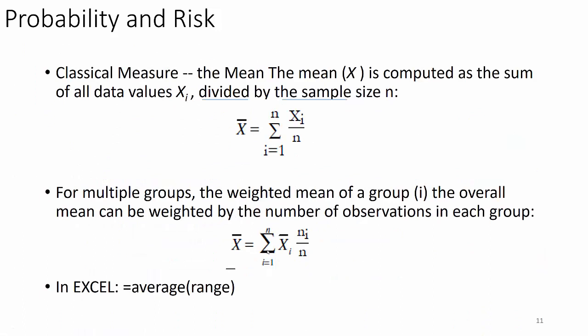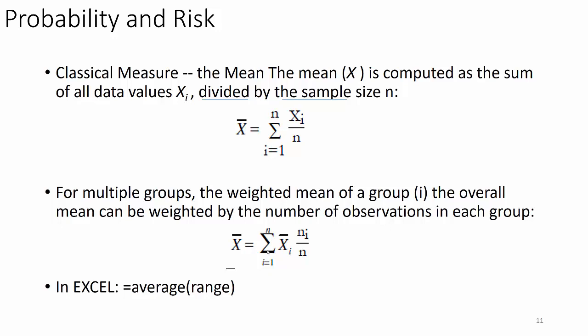You're all familiar with basic statistics, but we're going to review them anyway. The classic measure, the mean. The mean X is computed as the sum of all data, X sub I, divided by the sample size N. So that's the mean. For multiple groups, the weighted mean of a group, I, the overall mean, can be weighted by the number of observations in each group.